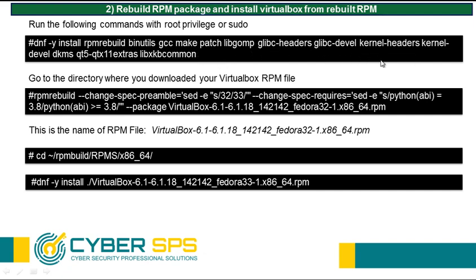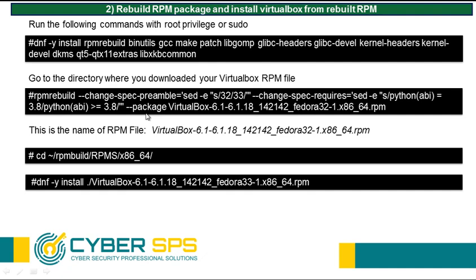After the installation is complete, go to the folder where you downloaded your RPM for VirtualBox, and then use this command for rebuilding this package again with the version of Python that is needed.